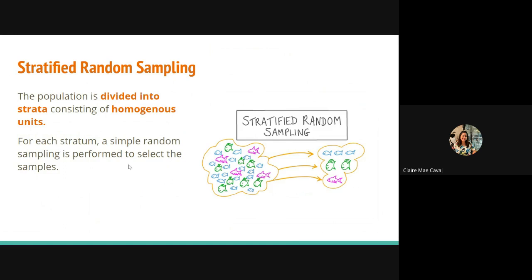Again, for each stratum, di ba ito yung mga strata, there are three groups stratified: Group 1, Group 2, and Group 3 out of this whole population of homogeneous units, meaning similar kind. In each group, they also perform simple random sampling, meaning nagpipick pa out of these small groups or three groups. Okay?